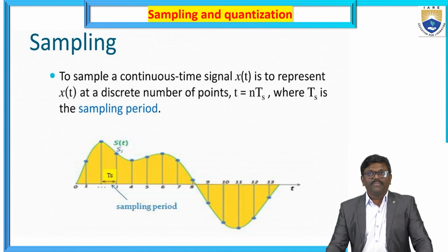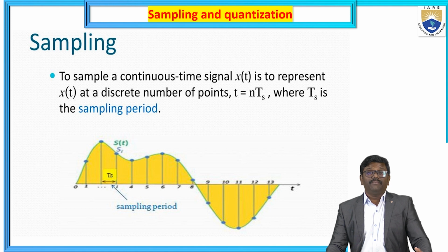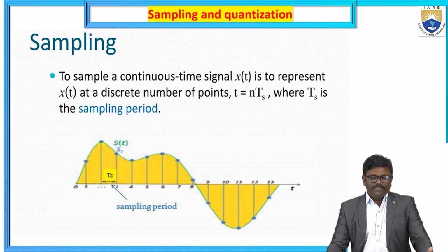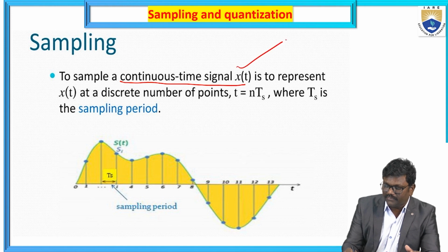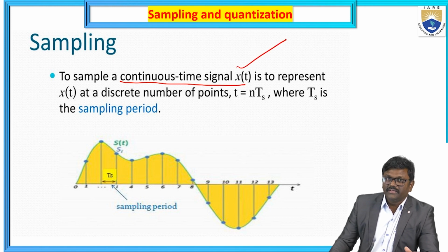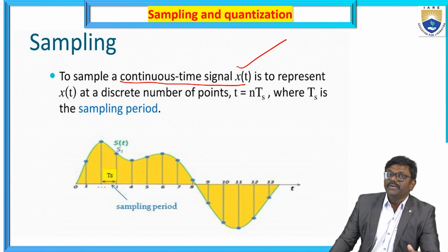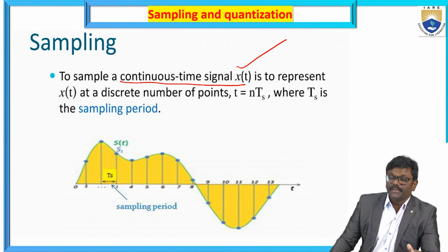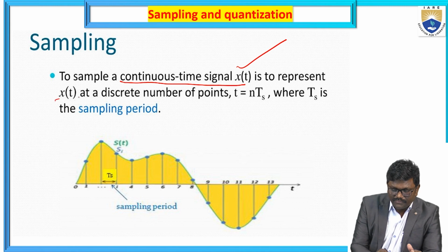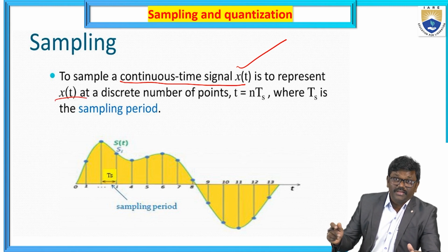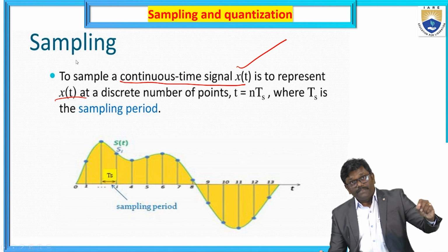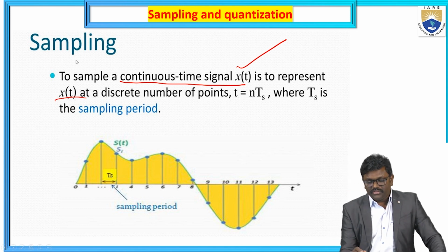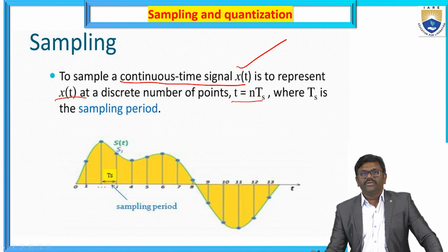Now we want to understand the sampling process mathematically. Take the continuous time signal x of t, where t is the independent variable. The signal x of t is taken at a discrete number of points, depending on the t value only, so t equals n into Ts.